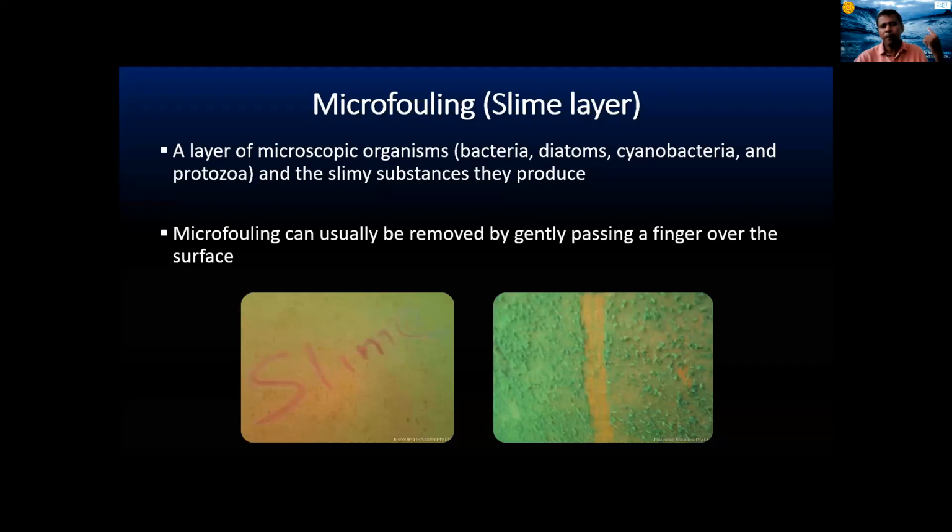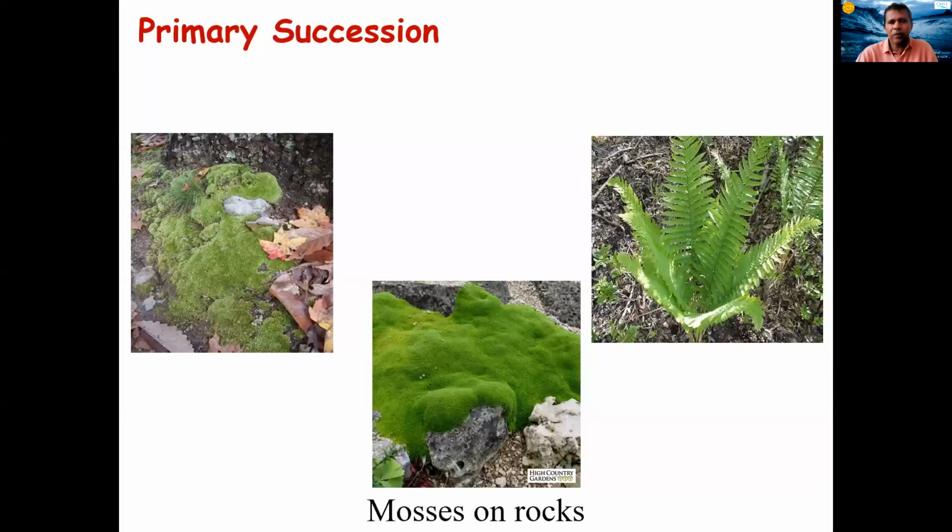Imagine that in the field class you might have seen some oysters attached to the sandstone, right? So how hard they are attached. They are actually this kind of biofouling organism, right? So how hard they can attach. All these are adaptations, right?